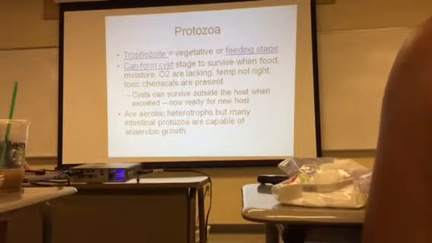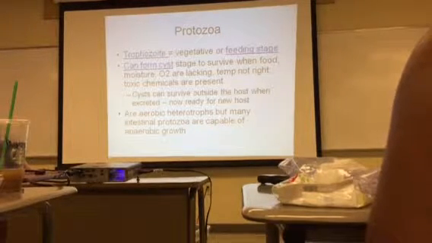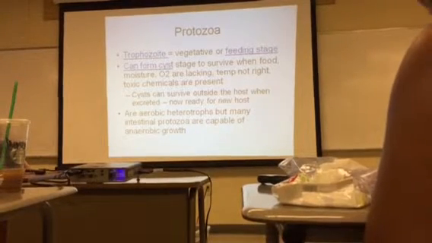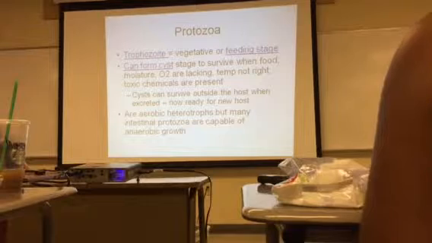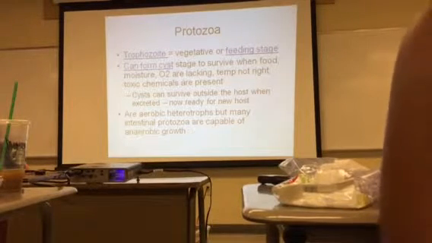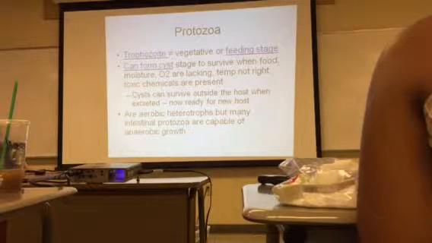Cysts can survive outside of the host when they get excreted, and once they're outside, they're ready to find a new host. You wouldn't have an organism that never leaves the host that it invaded. That's called a dead-end host. It has to get out and infect more hosts so that the species can survive.